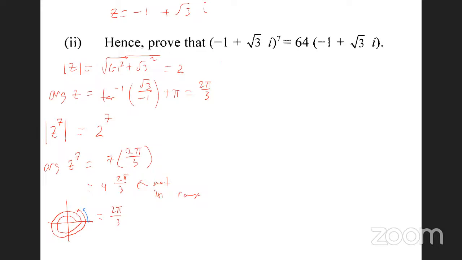Right? So what does that mean? It means that negative 1 plus root 3i to the 7 in polar form will be 2 to the 7 by cosine 2 pi on 3 plus i sine 2 pi on 3.